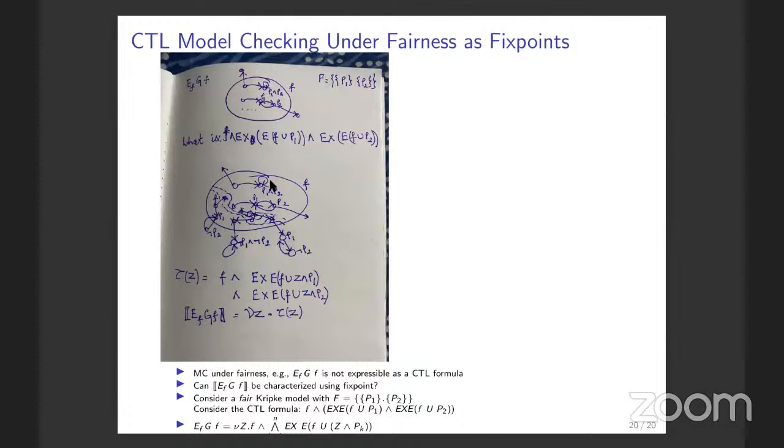So if you look at this in just one step, f until f, and in the next state, there exists a next state in which every state satisfies f until, I mean, there is a path in which f until p1, where p1 and p2 are predicates.